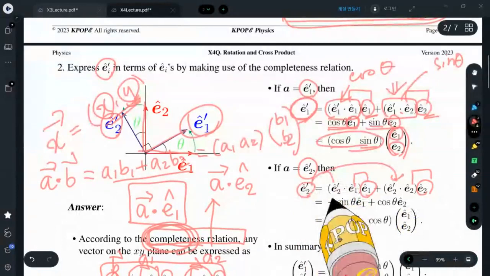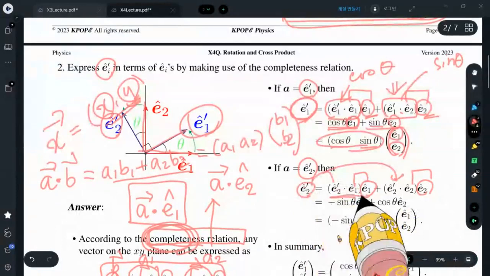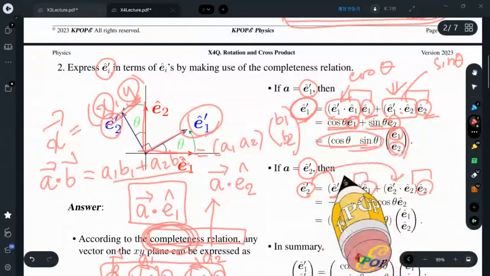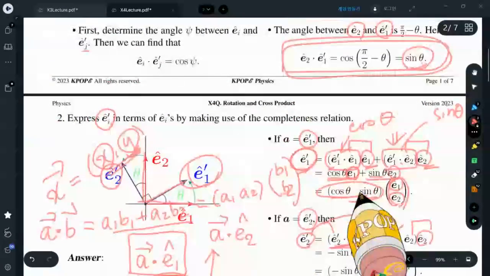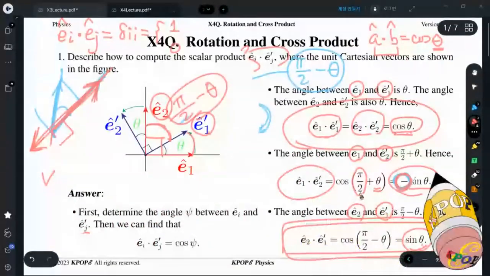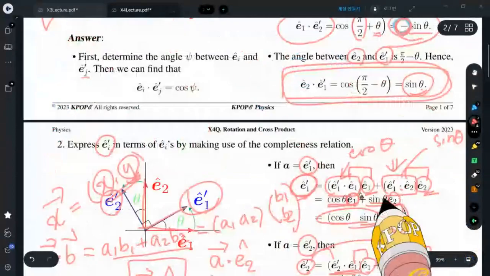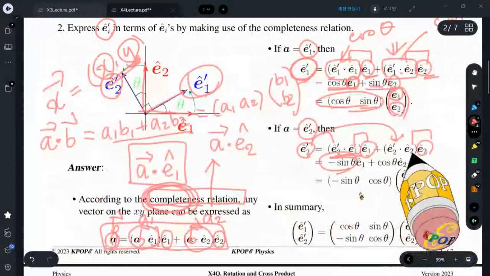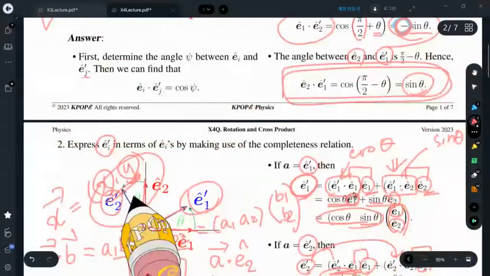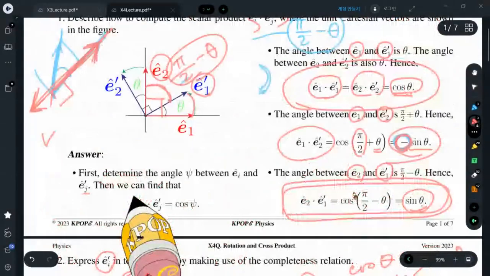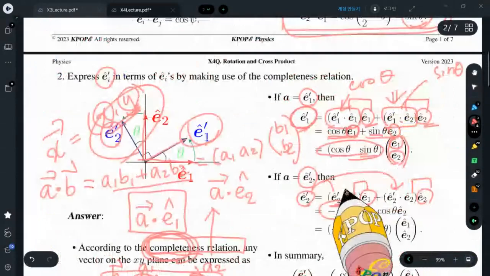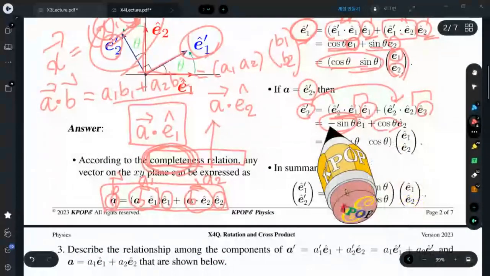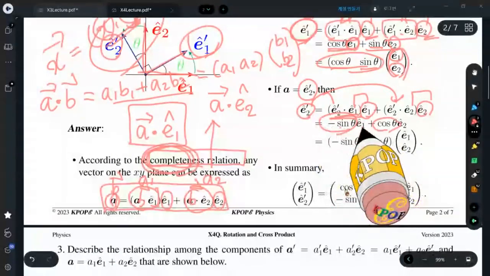Where's the multiplication table for E2 prime and E1? E2 prime and E1, I can copy this minus sign in here. And then E2 prime, E2. Where is it? This guy, they are cosine theta. So copy this result to find that I have something E1, something E2.